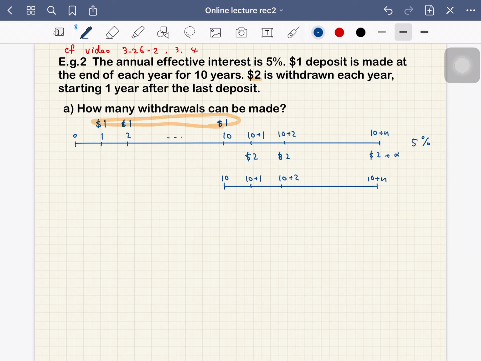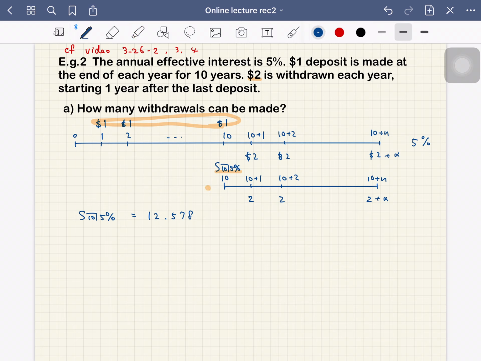And the present value is by definition S angle 10 at 5%. You can use the BA II Plus calculator using the future value button to get 12.578.